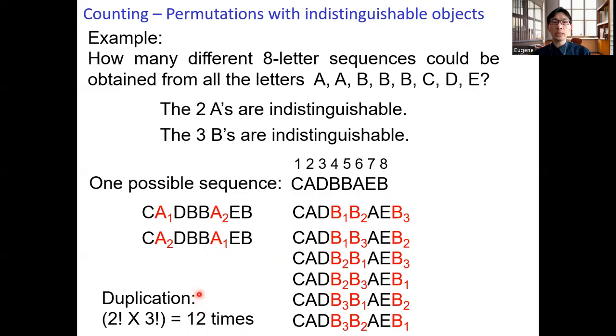So we need to divide the total number of sequences by 12 in order to get the answer for the arrangement of the different 8-letter sequences from these 8 letters.